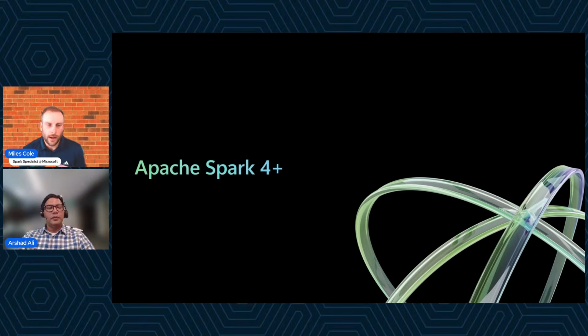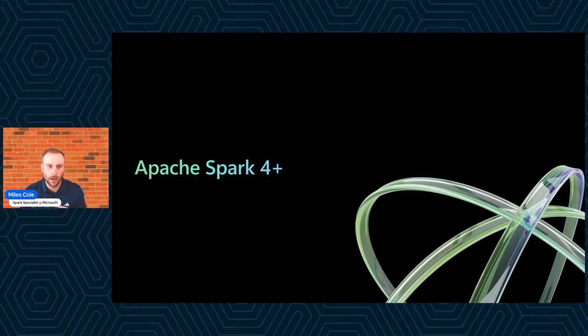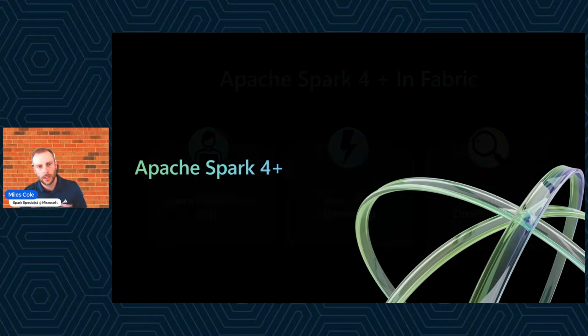Okay, so Arshad, I think we should get into it. How we're going to structure this session is first we're going to talk about what's new and available in Apache Spark 4. Then we're going to talk specifically about Delta Lake, and then we're going to talk about the native execution engine and all of the improvements that really round out Fabric Spark Runtime 2.0.